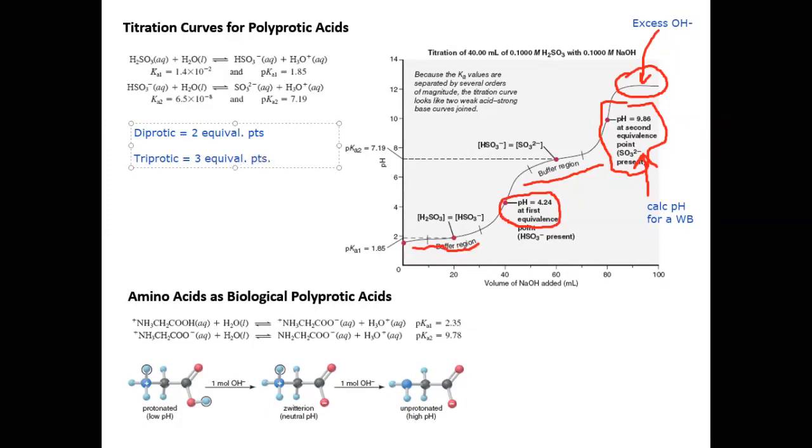And then lastly, just to mention amino acids, which are biological polyprotic acids. The interesting thing about amino acids is they can be Zwitter ions. Zwitter ion means that it has a positive charge and a negative charge.